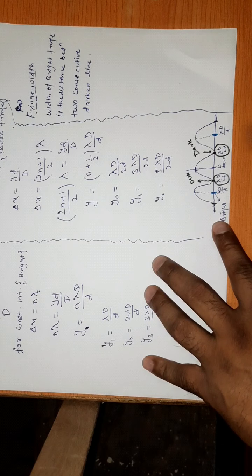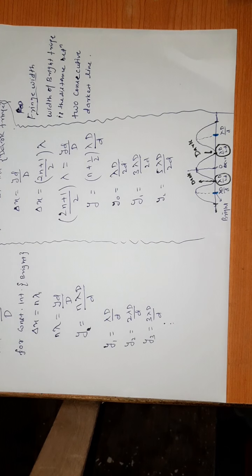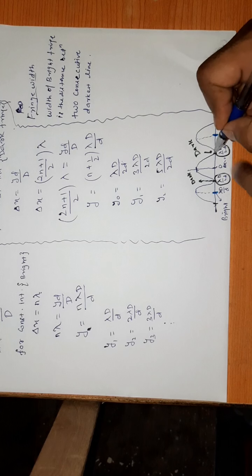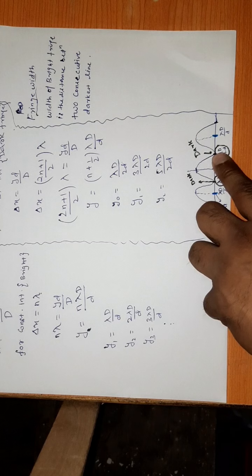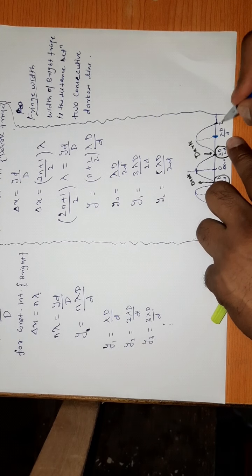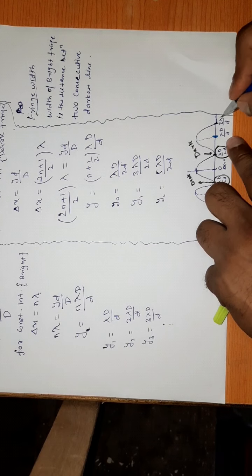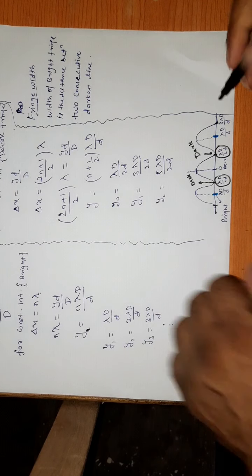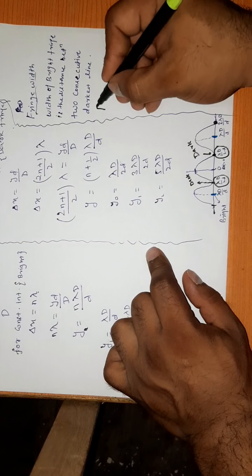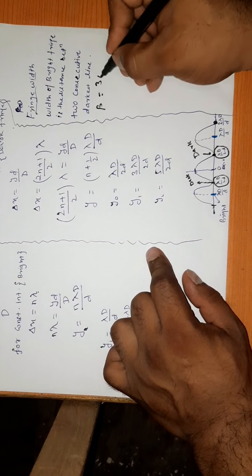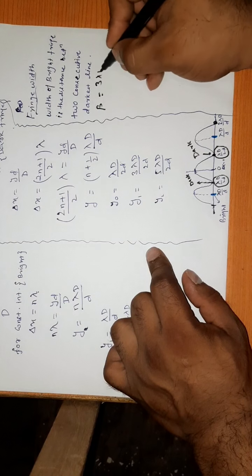So here see where you are getting a dark line. Look carefully. This is one dark and this is another dark. In the same way, this is also a dark. For this the value is 3 lambda d upon d. So we will subtract them. For this we can find out, it is represented by beta, and it is 3 lambda d upon 2d minus lambda d upon 2d.